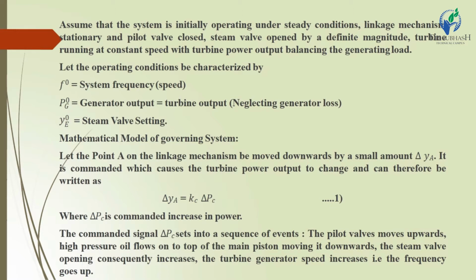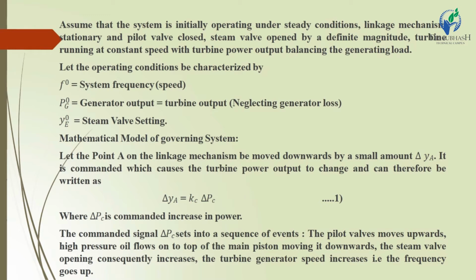Let point A on the linkage mechanism be moved downwards by a small amount delta YA. This causes the turbine power output to change, and therefore we can write that delta YA is equal to Kc into delta Pc. This is called equation number 1, where delta Pc is the commanded increase in power.